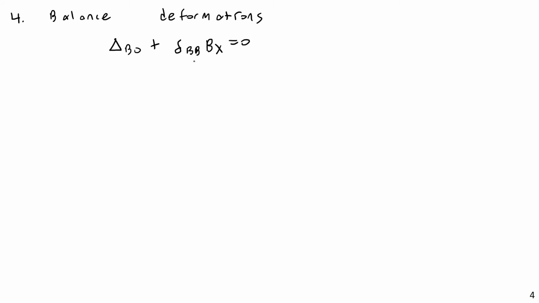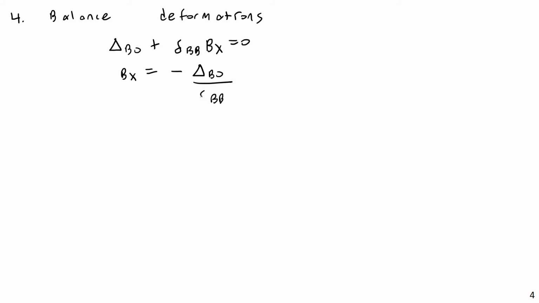Delta BB says, if I apply a unit load at B without the real loads present, how is this thing going to move? And I know that this must equal essentially the negative of this times the reaction force, whatever that real reaction force is. You can very easily solve for BX algebraically, or simply calculate BX as equal to negative delta B naught over delta BB.